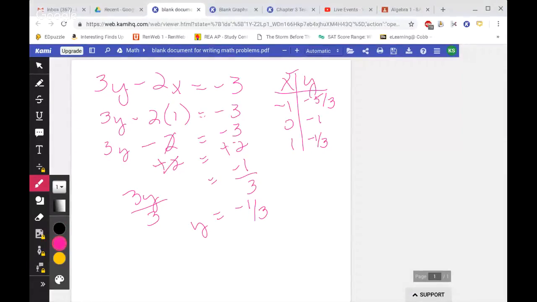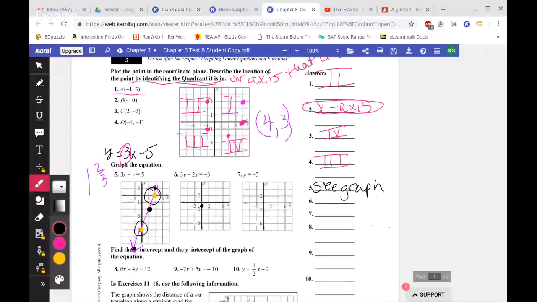So I'm looking at -1 2/3. I'm going to go over just a little bit, -1, and then down. It's going to be about right here. My points aren't even going to be very far apart using this.